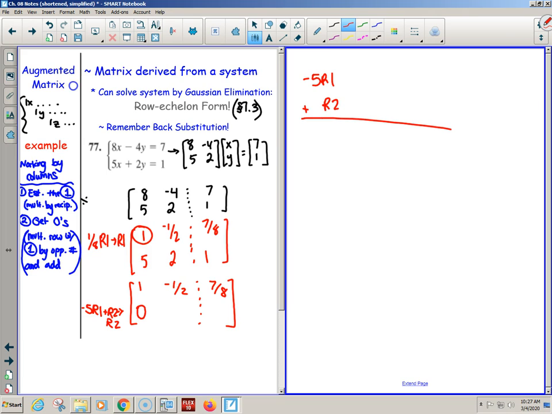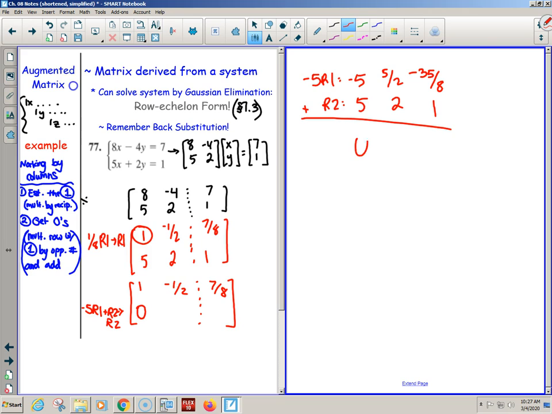So I need to take this row 1 and multiply everything by negative 5. So I have negative 5, I have 5 halves, I have 35 eighths. I multiplied everything by negative 5, and I'm going to add it to the second row, which is 5 and 2 and 1.